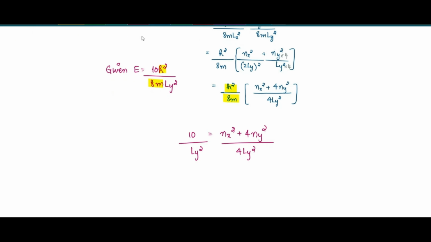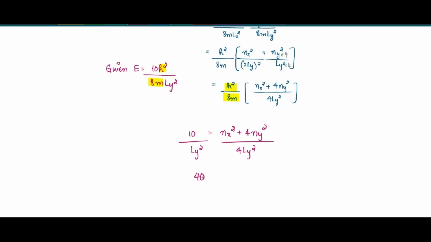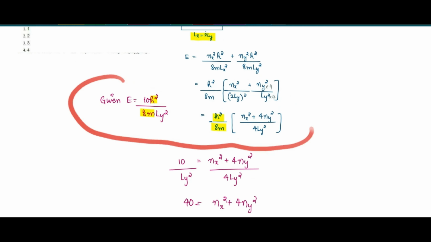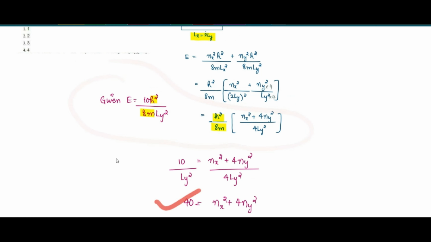Now if I cancel Ly square, what I have is 40 equal to nx square plus 4ny square. Did you get it? If I compare these two, I will get this relation. Now for what values of ny and nx will I get this 40? That is the degeneracy. You try it, I'll look at the next question.